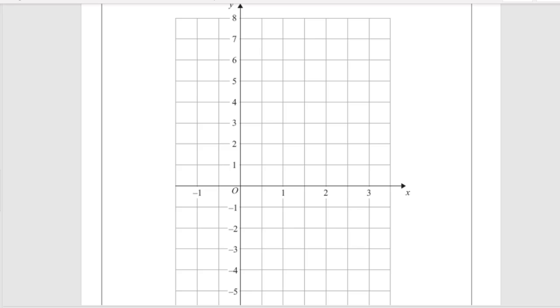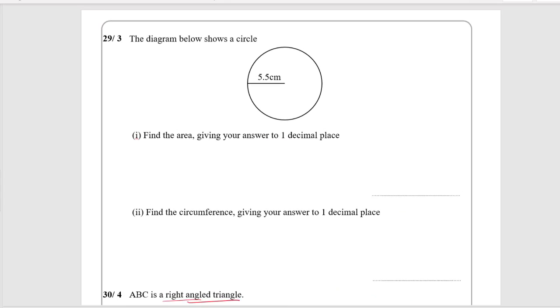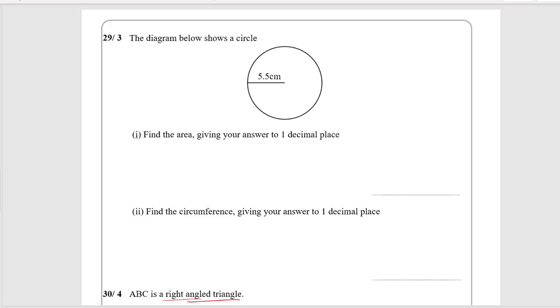Oops, lost that bit. Okay, so next we have a circle. Find the area, give your answer to 1 decimal place. So for the area of a circle, we need to use pi r squared. Use the pi button in the calculator, because it's a calculator question, unless it says to leave it in terms of pi, or it gives a special value for pi. At the bottom, you will need to press shift and then the pi button.